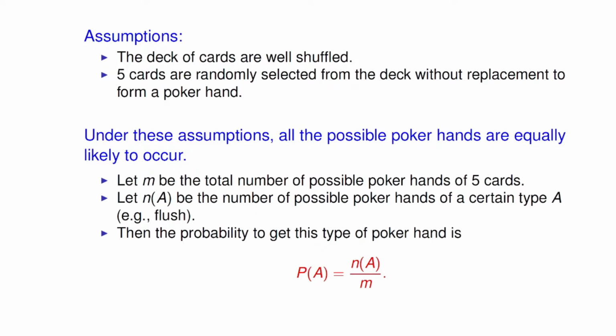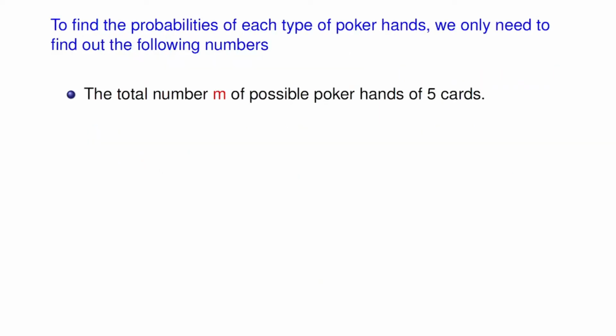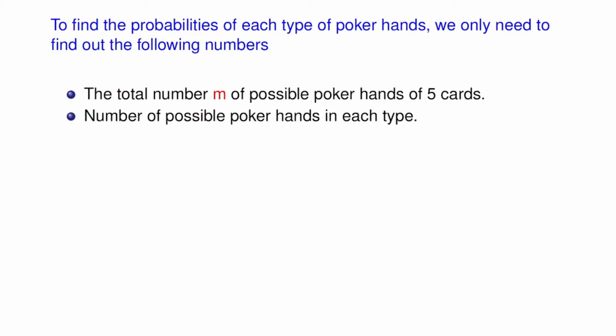Now, based on this formula, to find the probability of each type of poker hand, we only need to find out the following numbers. Firstly is the total number M of possible poker hands of 5 cards. Second, the number of possible poker hands in each type.